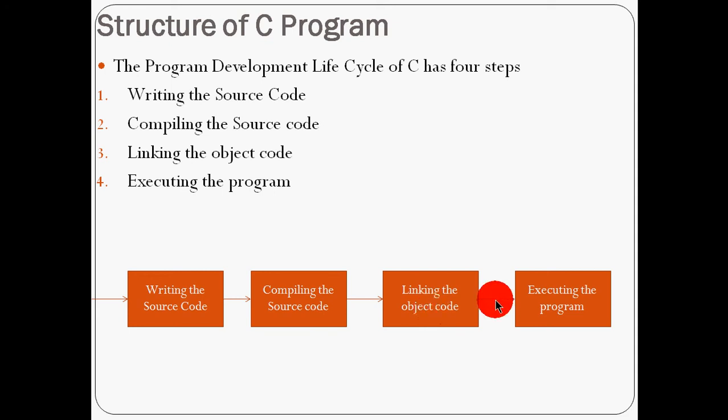This means you can link your statement with the header file. Then the linker creates an executable file with the extension .exe, and that program will be run. In this way we execute our program from source file and generate an output.